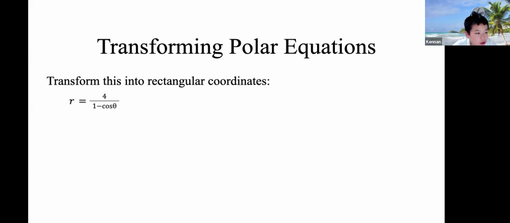So we have r equals 4 over 1 minus cosine theta. So first of all, let's transform this into rectangular coordinates. We have r equals root x squared plus y squared.